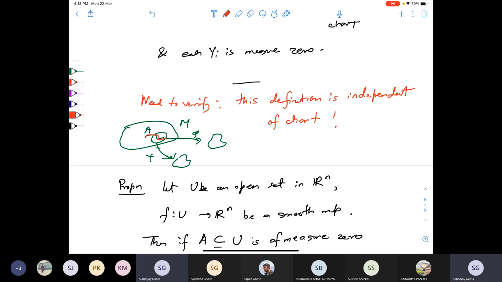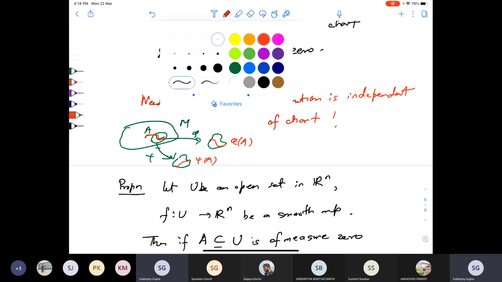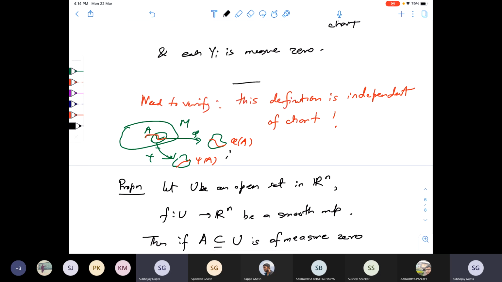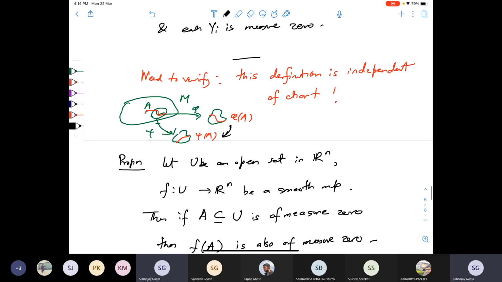Maybe A is this red guy, so phi of A is sitting there, and this is psi of A. If phi of A is measure 0, then psi of A is the image of phi of A under this transition map, which is a diffeomorphism. So for well-definedness, you really need to prove this for diffeomorphisms, that diffeomorphisms take measure 0 sets to measure 0 sets, but we can actually do better.